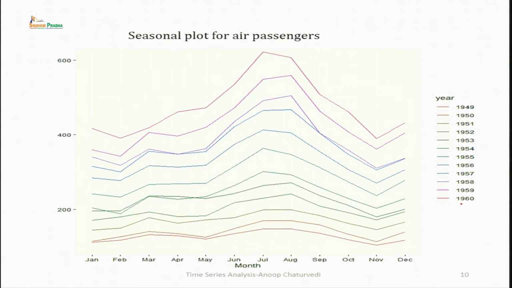Take any particular month, say the month of August, and you observe that the number of passengers traveling by air is increasing with years. So, not only is seasonality present, but a trend is also present in this data set.